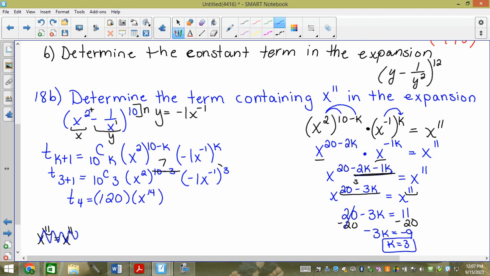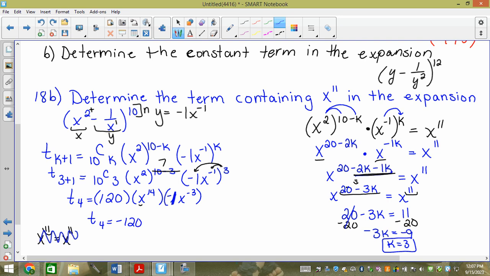And then you have to remember to distribute to the negative 1. Luckily, if you didn't remember, it would still have worked because negative 1 cubed is negative 1. Negative 1 x to the negative 3. And so I get T4 equals negative 120.